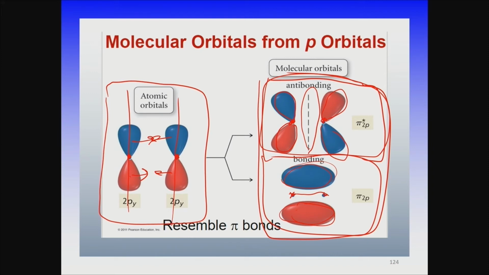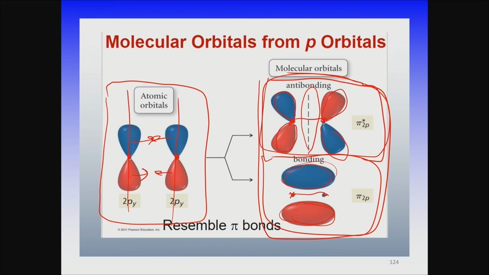Okay, now also this is not a sigma orbital, and the reason why is because we do not have electron density that is cylindrically, symmetrically arranged around the axis that occurs between the two nuclei. You can see that we have some electron density above the nuclei here and below the nuclei, but we really don't have continuous density leaving above the nuclei and going to below the nuclei.